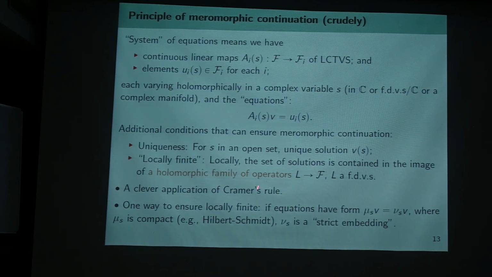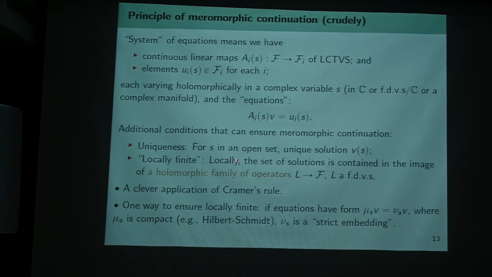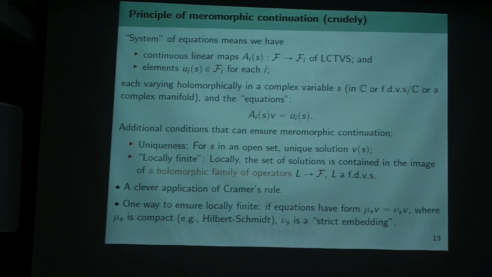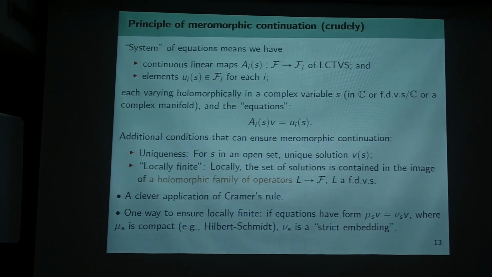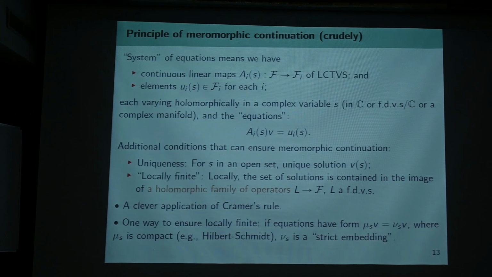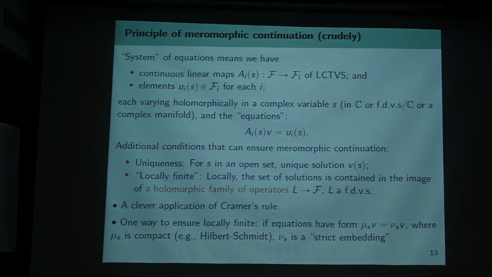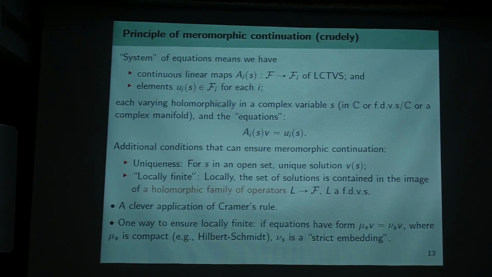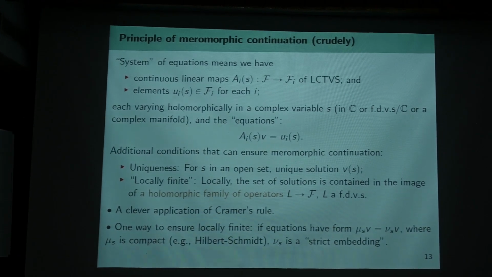That has to be very cleverly applied to show that the infinite situation can be locally reduced to finite situations at various points. Locally in S, sorry, locally in S.